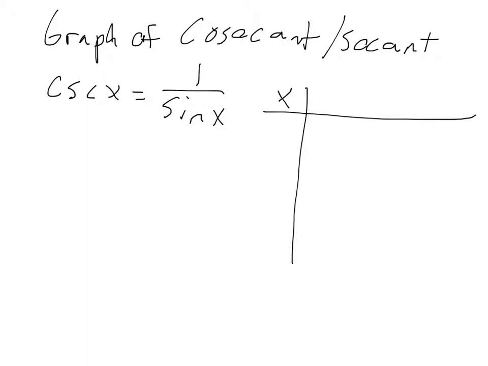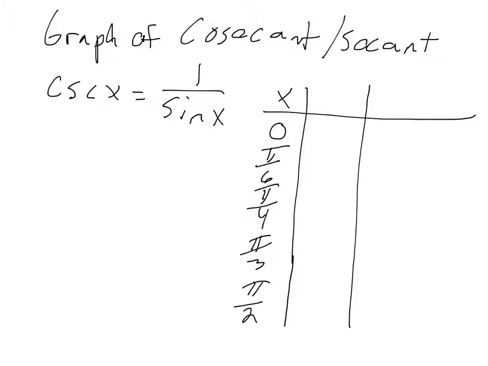Here are my values for x. We'll just go between 0 and pi over 2 as we did yesterday. So we'll do 0, pi over 6, pi over 4, pi over 3, and then pi over 2. All right, and then we'll look at sine and then cosecant.